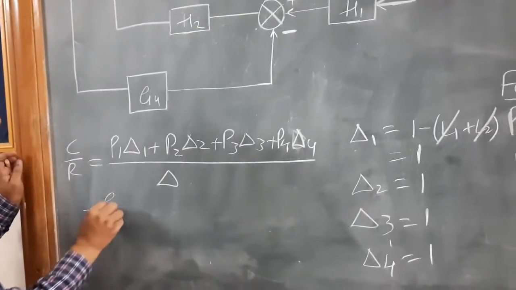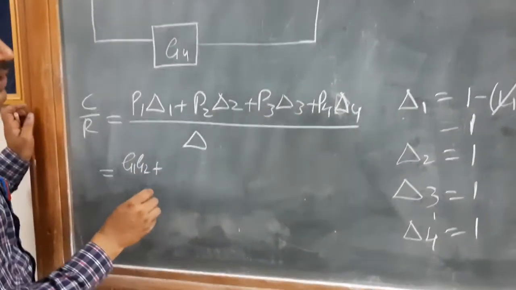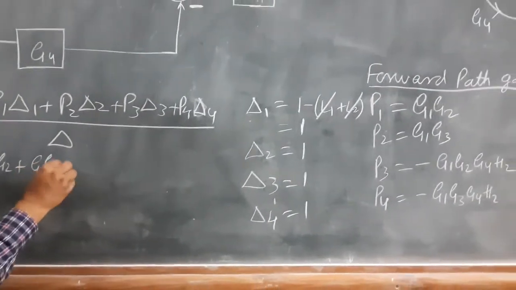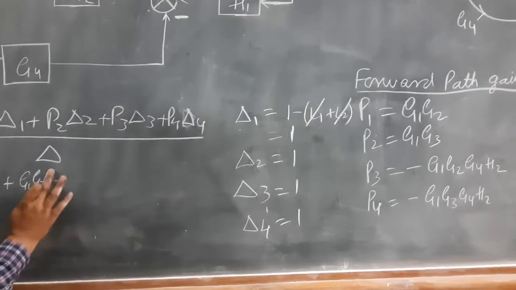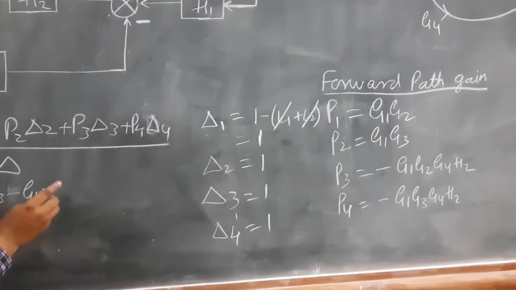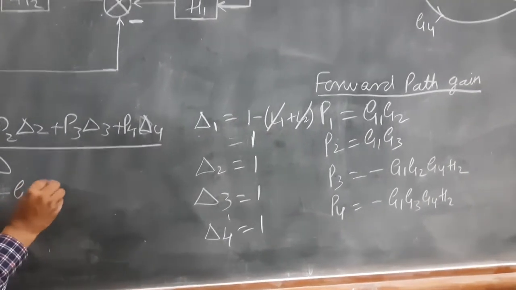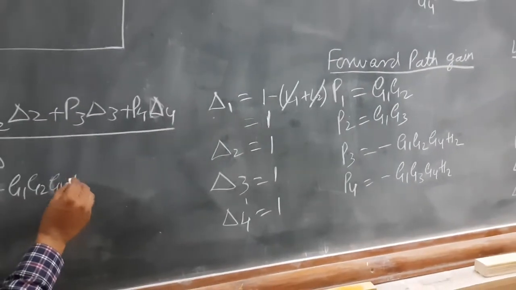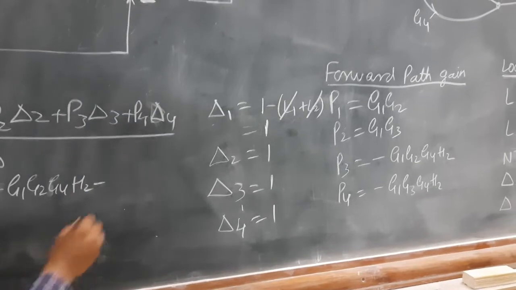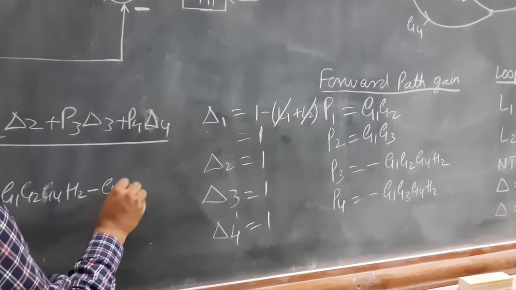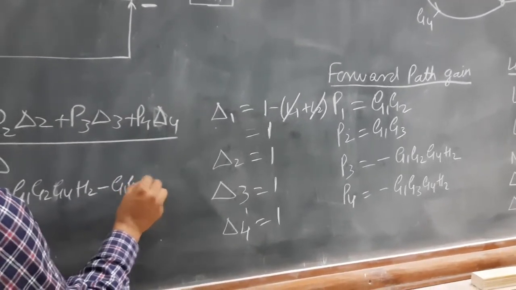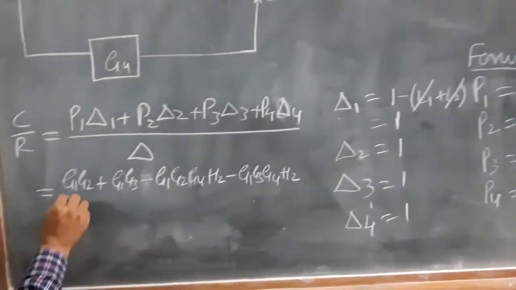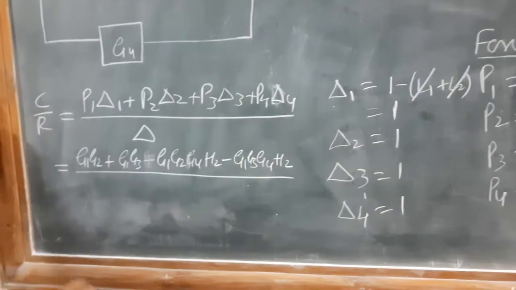P1 is G1 G2, plus P2 with delta 1 equal to 1 is G1 G3, and P3 is minus G1 G2 G4 H2, and minus G1 G3 G4 H2. This is P4, whole divided by the delta value.